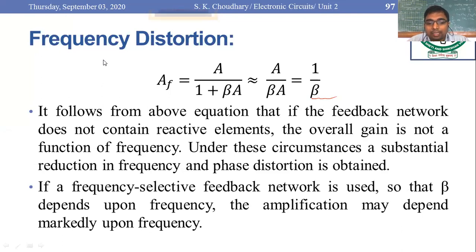On the other hand, if you select a frequency selective feedback network, meaning reactive components like capacitors and inductors are present in the feedback network, then beta would become a function of frequency, and the amplification would now depend on the frequency.